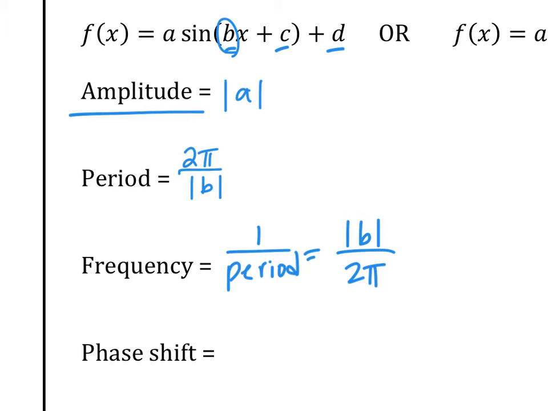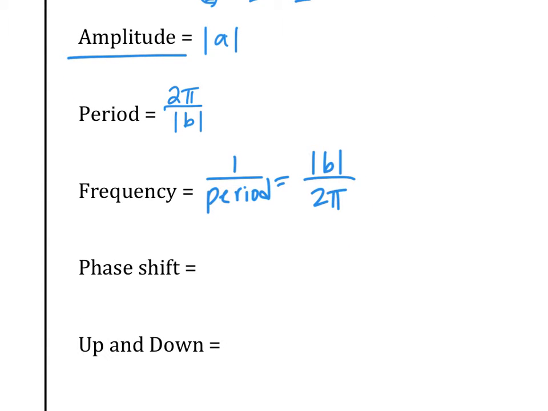Phase shift. So phase shift is basically saying moving left and right, but in the case of a sine and cosine wave or anything with a trig function, we call that phase shift instead of saying going left or right. But it's the same idea. In this case, phase shift is C over B, where C over B greater than 0, we're going to go to the left.